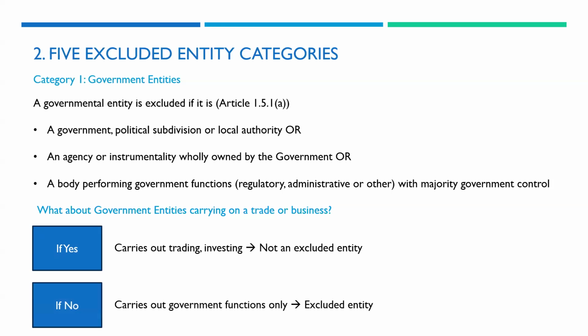But if it carries out government functions only, then it is an excluded entity. So you have to see if they are carrying out a business in competition with a private person, then it is not an excluded entity. But if it is doing only sovereign activities, yes, it is an excluded entity. Okay, so this is regarding government entity.